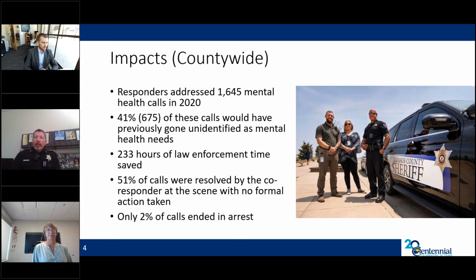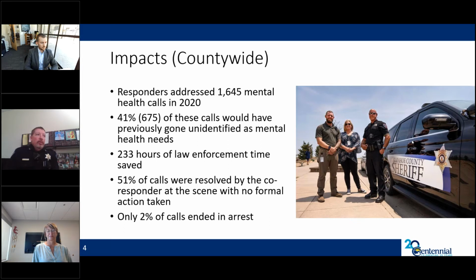When we were initially talking about this program, one of the things that we maybe struggled with a little bit is, well, how many calls are they actually going to be used on? Do we know what the need is? What's the need? We knew intuitively that these programs were necessary, but we didn't really know how many calls we were handling.